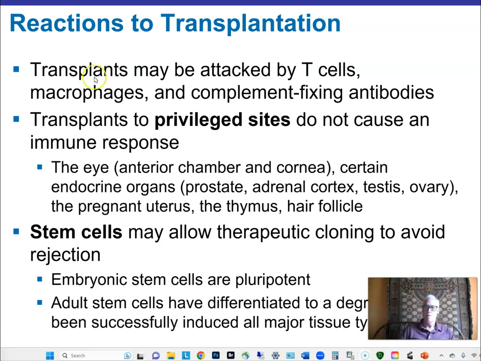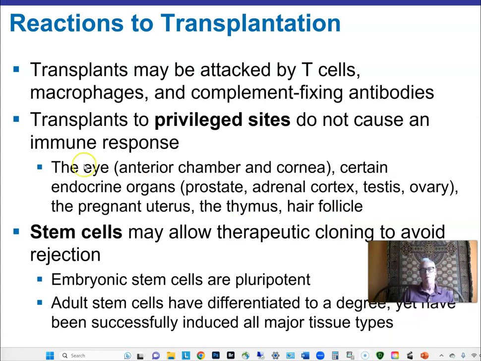Certain privileged sites in the body, interestingly, are not normally surveilled by the immune system, and you can do transplants there without worrying about rejection. The cornea, for example: you can have a corneal transplant, and there's no need for any follow-up immune suppression to keep the body from attacking the replacement organ.